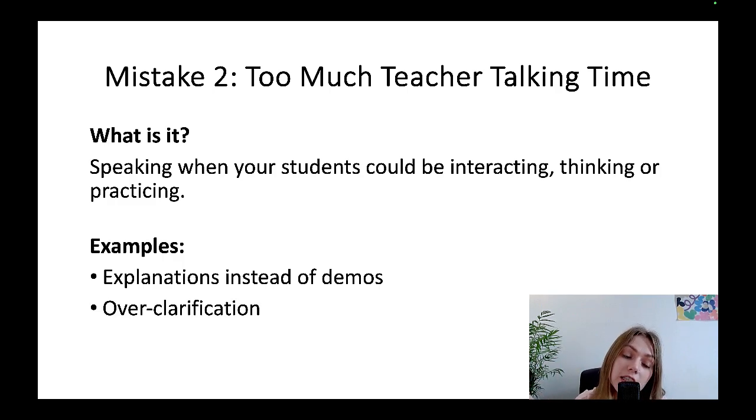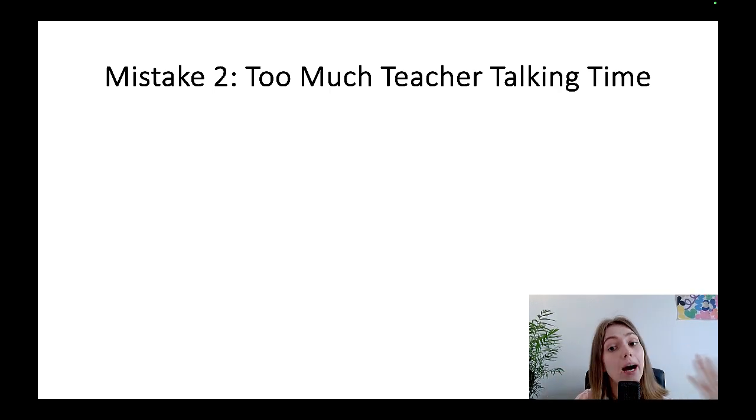Over-clarification, that's when you teach, let's say, a grammar point, and you keep repeating your explanation and you keep telling them what the form is again and again and again, instead of letting them do it, seeing how they cope with it and then responding to that. Or just not liking when there is silence in the classroom and trying to fill it, and speaking when your students are processing.